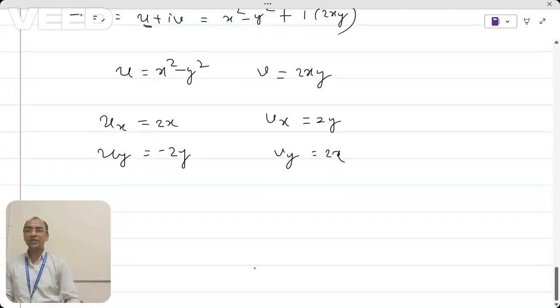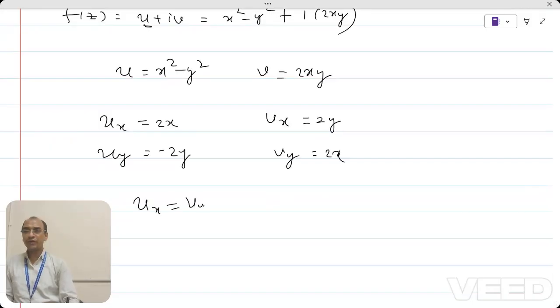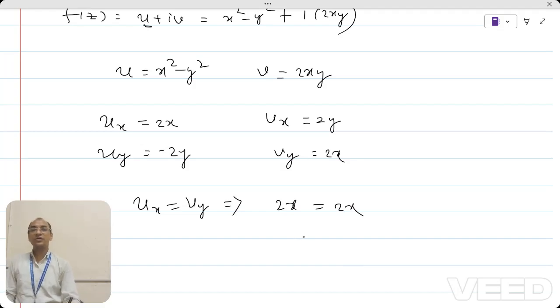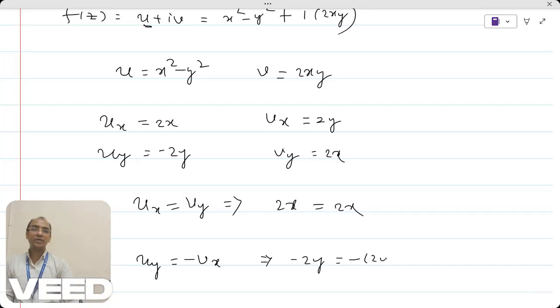Now you see by the CR equation whether ux is equal to vy. So ux is how much? 2x. And vy is how much? Again 2x. So the first condition is satisfied. Then I will go to the second condition, uy equal to minus vx. So uy is how much? uy is minus 2y, equal to minus of vx. vx is 2y, so minus 2y.